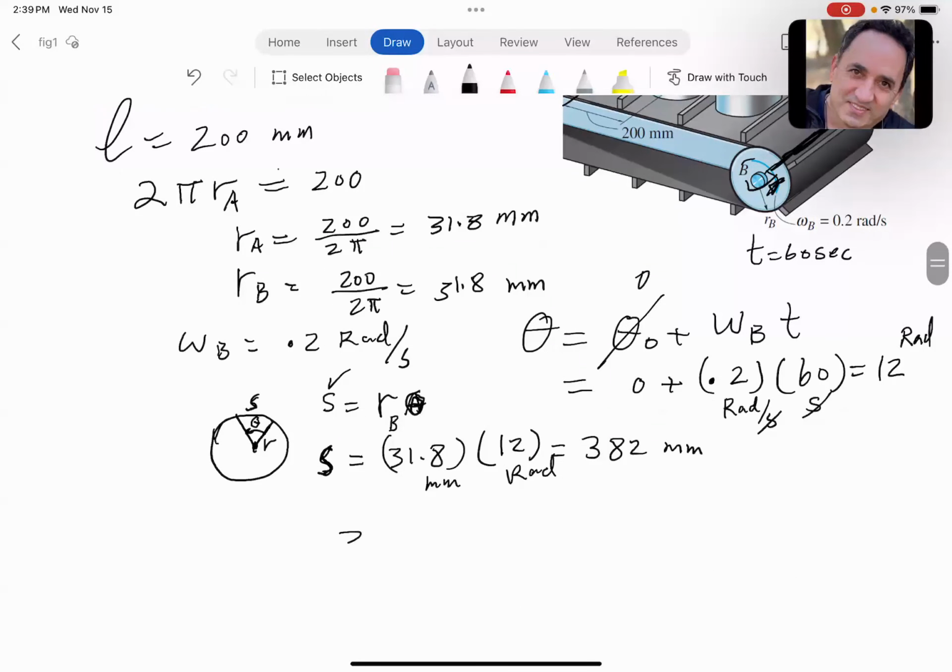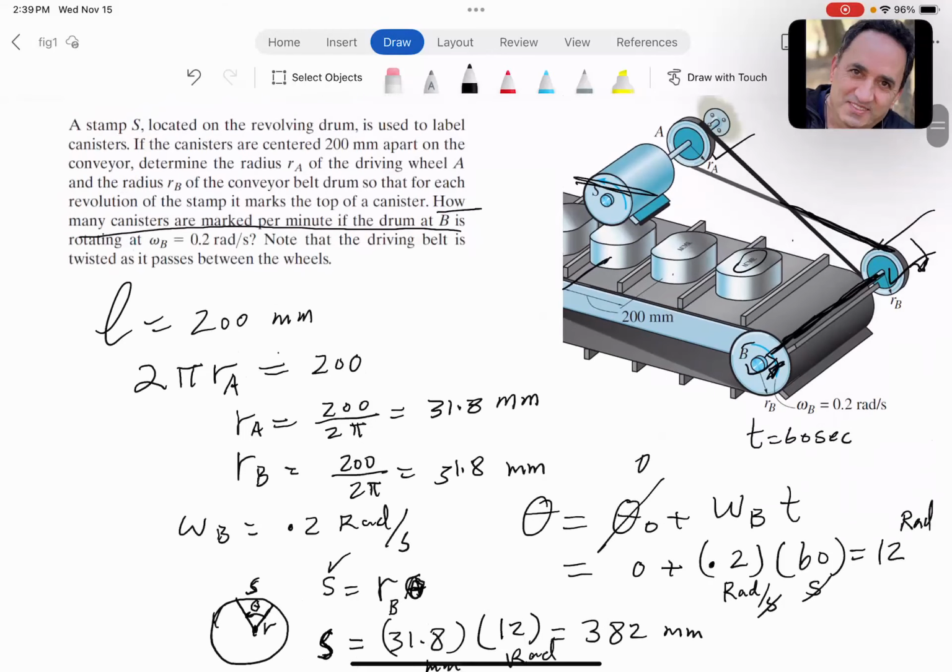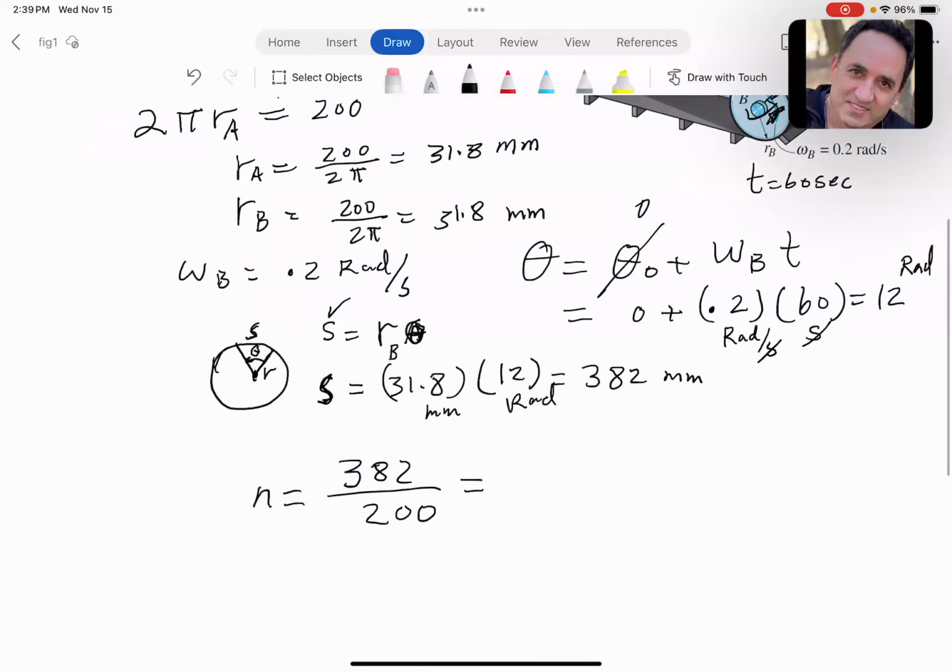Then you say, okay, 382 covers in 1 minute how many 200 millimeters? If you call that N, the number of canisters marked per minute, it's not going to be even 2. It's about 1.91, I believe.